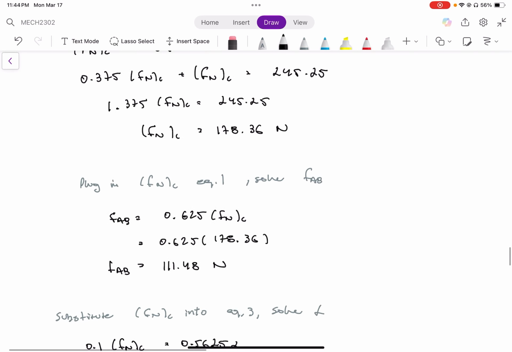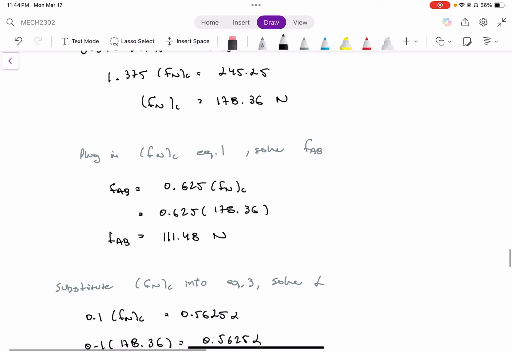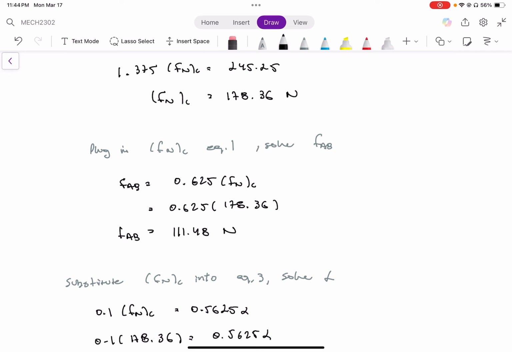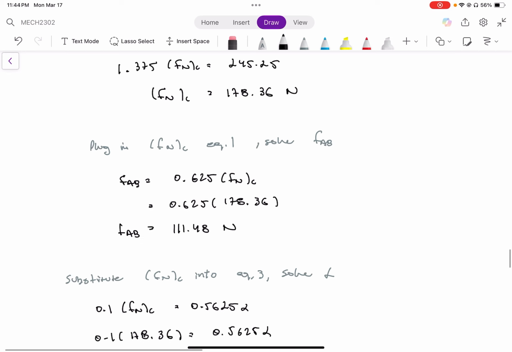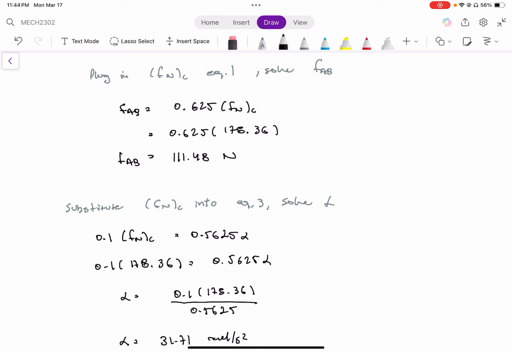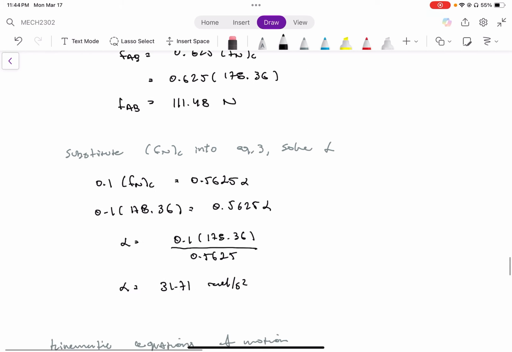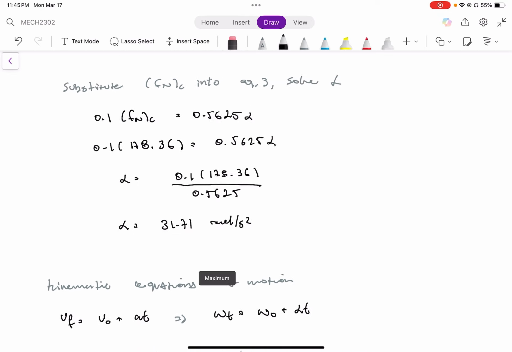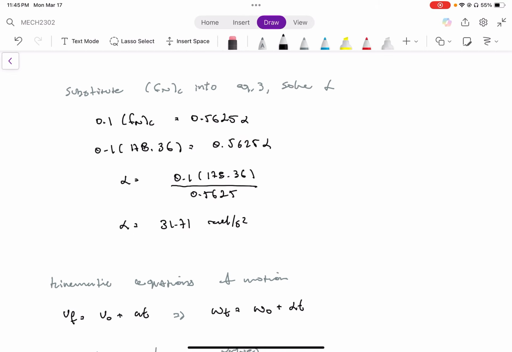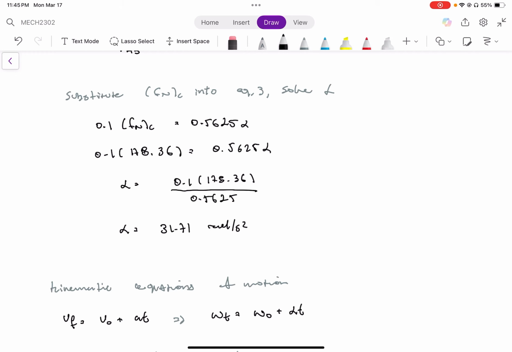We plug that back into equation one and solve for FAB, and we find that FAB equals 111.48 newtons. Then we substitute the normal force at C into equation three and solve for angular acceleration. We get 31.71 radians per second squared.